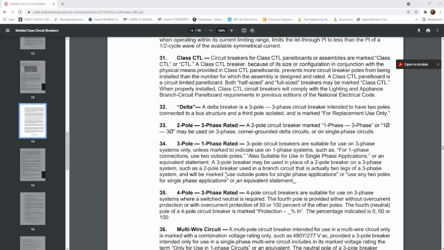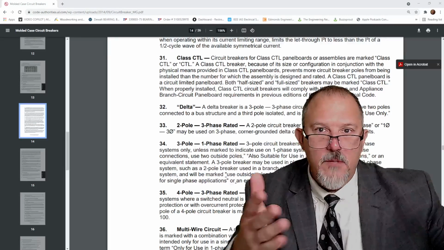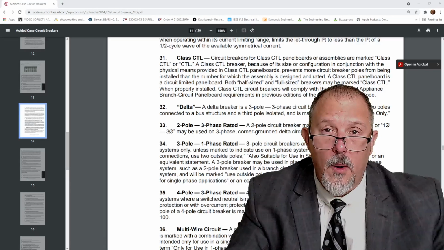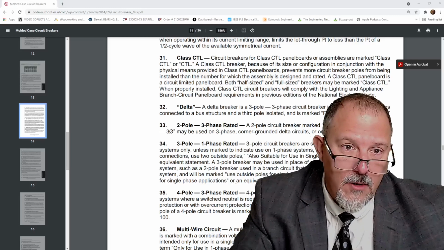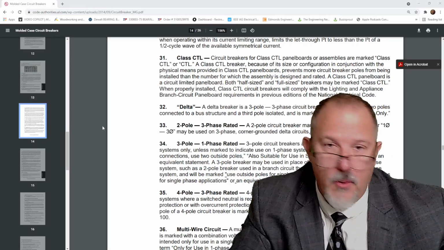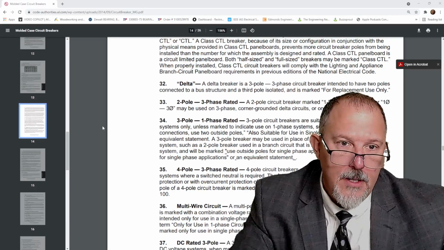A class CTL breaker, because of its size in conjunction with the physical means, prevents more circuit breaker poles from being installed than the number for which the assembly is designed and rated. Now, that number used to be 42 circuits, and the 42 circuit rule went bye-bye a few cycles ago. So CTL is not necessarily an important parameter that you need to know.